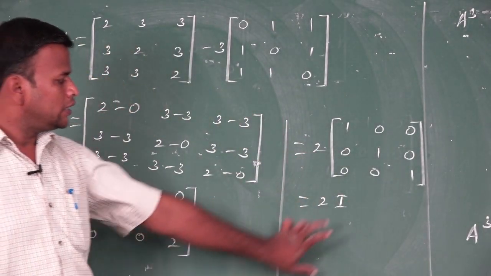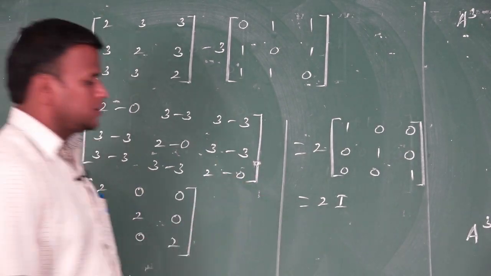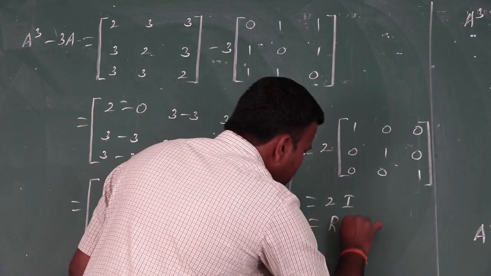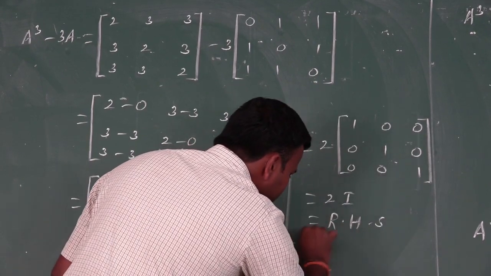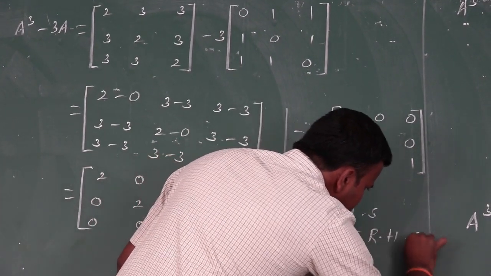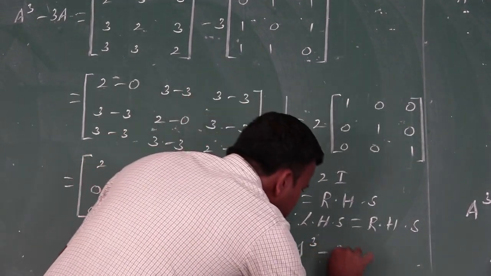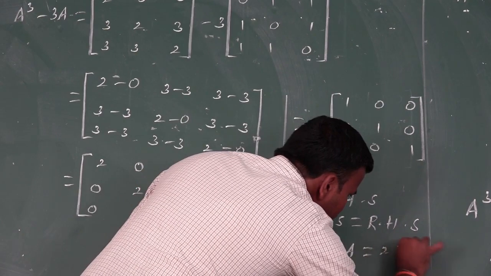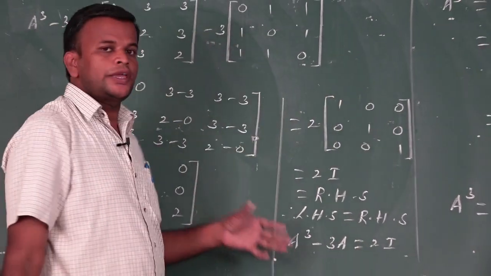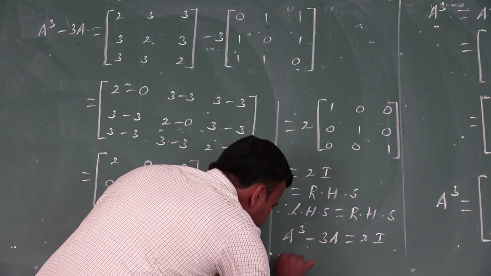It is the identity matrix. So 2I is also the value of the RHS. Therefore, LHS is equal to RHS: A cube minus 3A equals 2I. It is enough to prove the given sum. So hence our given sum is proved.